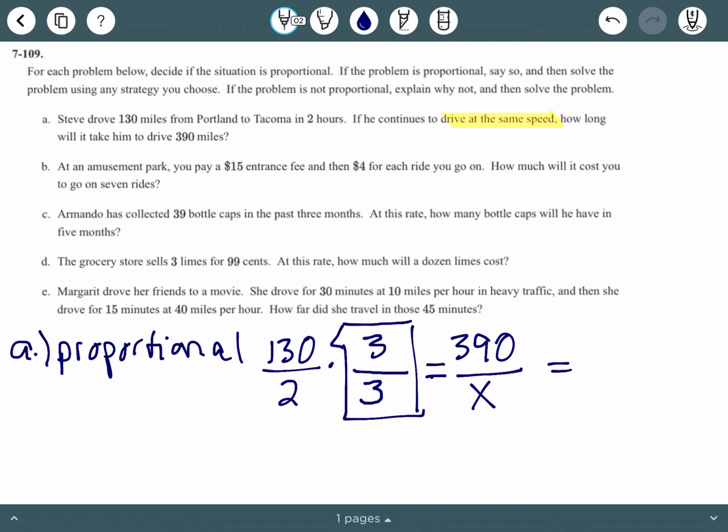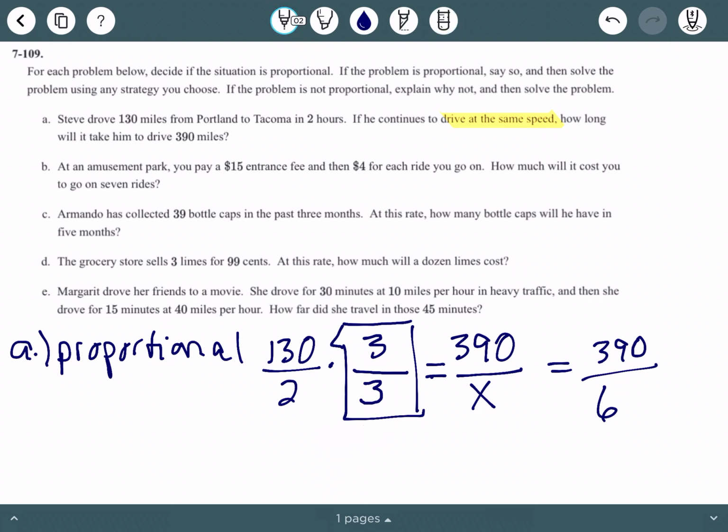So on the top here, I have 390. Now 2 times 3, that's going to give me 6. So x equals 6. Now keep in mind we are talking about time in the context of this problem.